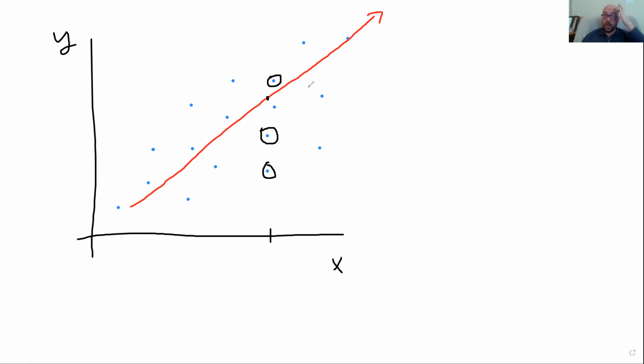However, when you don't want to assume a particular relationship between the two variables, most people just default to a line, because that's by far the most common relationship between variables that we see in the real world, right?